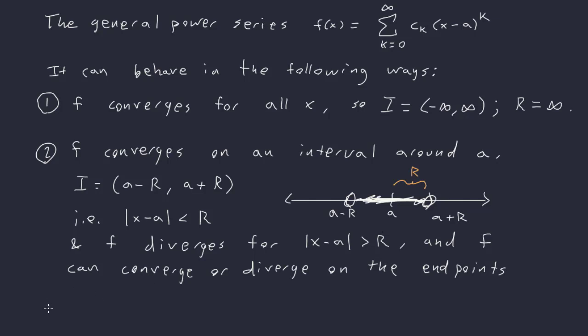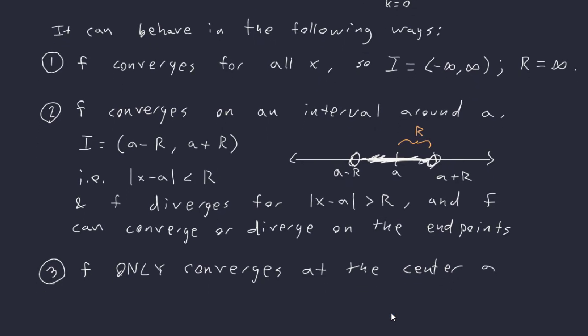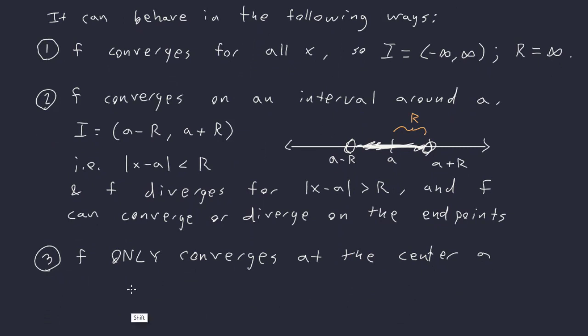And then it could only converge at the center. So that would mean that the series basically just converges here at a, diverges everywhere else.